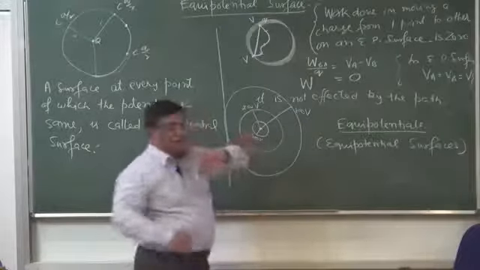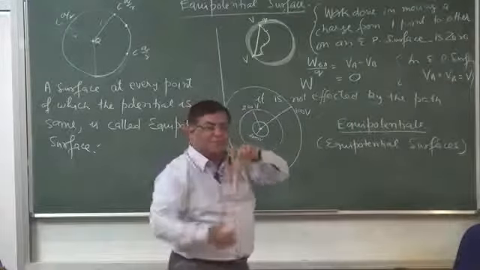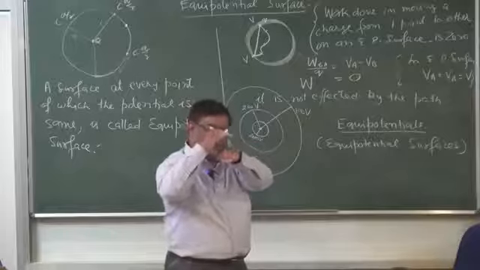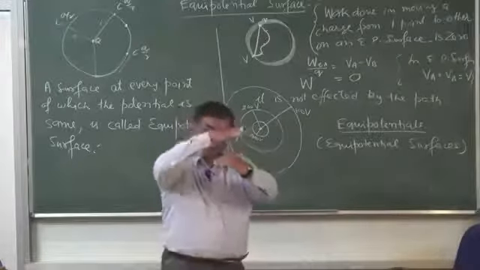This is a sphere, the other one is again a sphere. These two will be parallel to each other. This is again parallel to each other, and that is again parallel to each other.